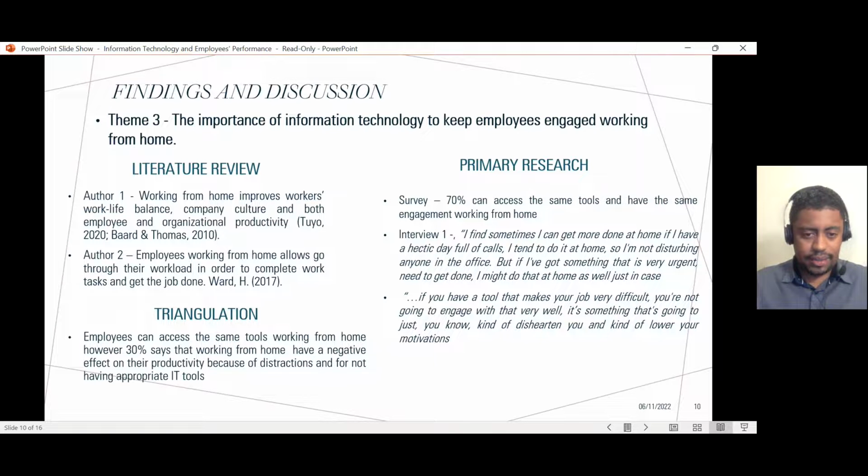So employees can access the same tools working from home. However, the 30% say that working from home has a negative effect on their productivity because of distractions and not having the appropriate tools.